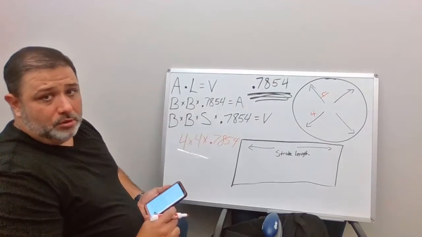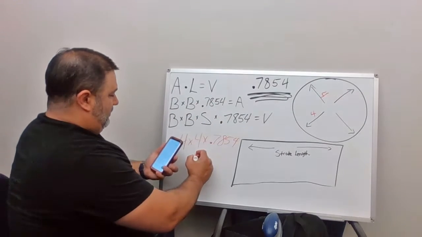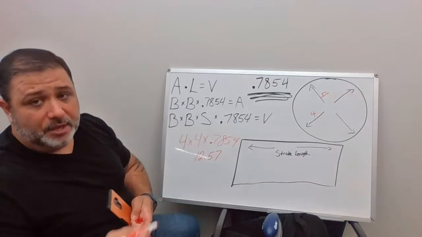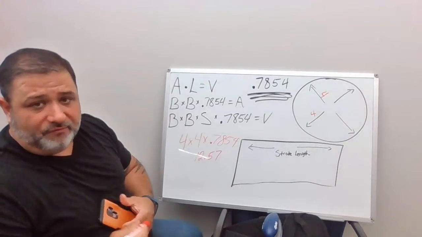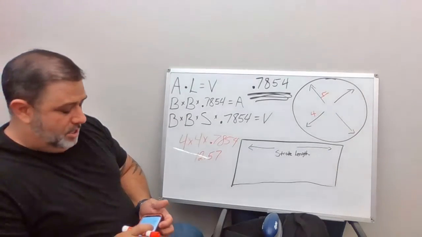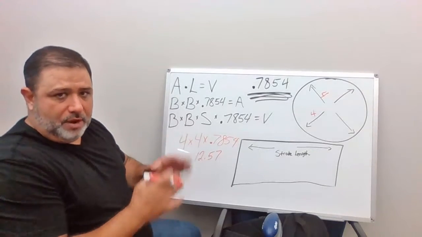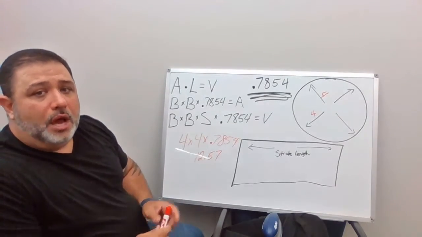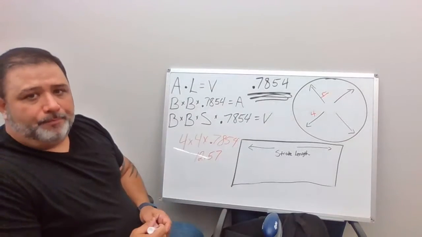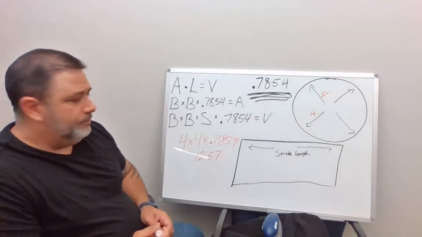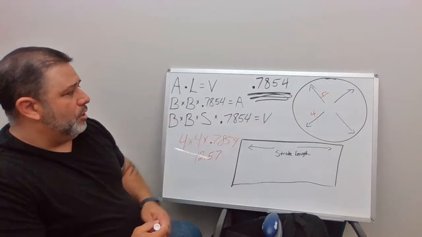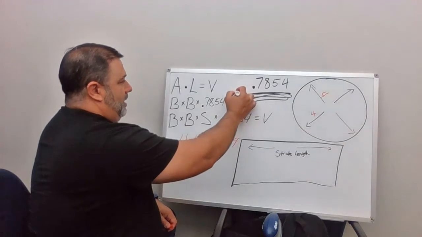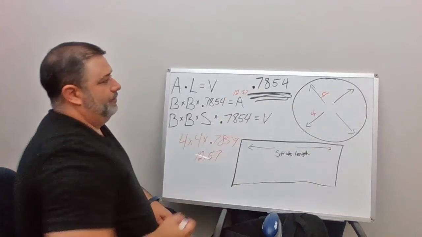So we have a bore, or area, of 12.57. I'm going to round up a little bit. It's 12.566. So we're going to round up just a little bit. Now, if I was wanting to cut a bore for an engine, I would not round up. Write all your numbers out. But for this, we're going to round up to the 7. So that's our bore there. So our area of that was 12.57.